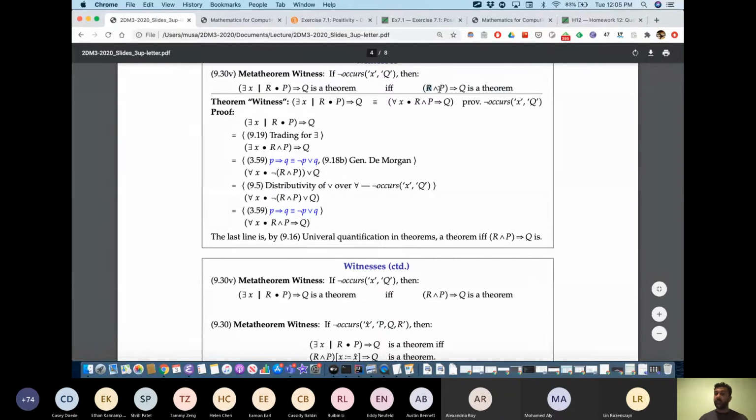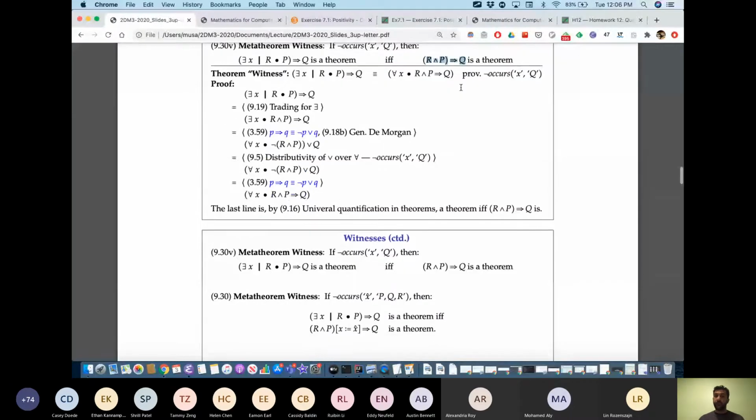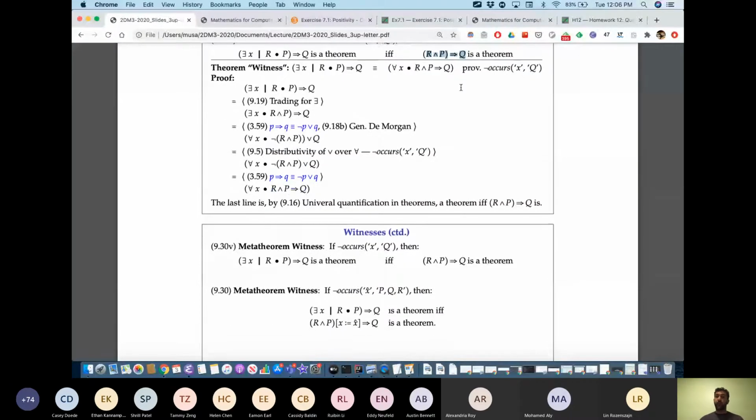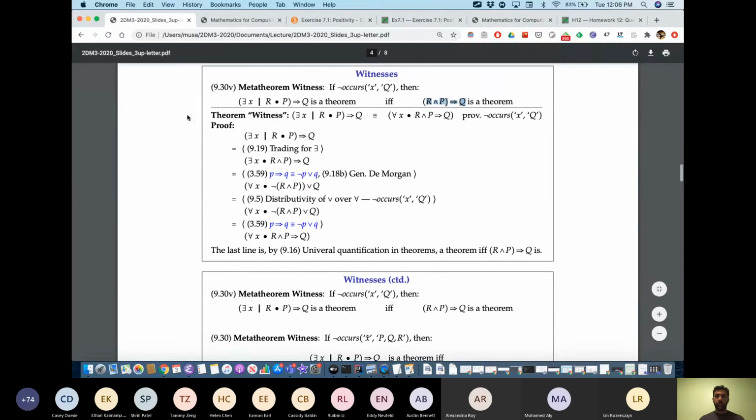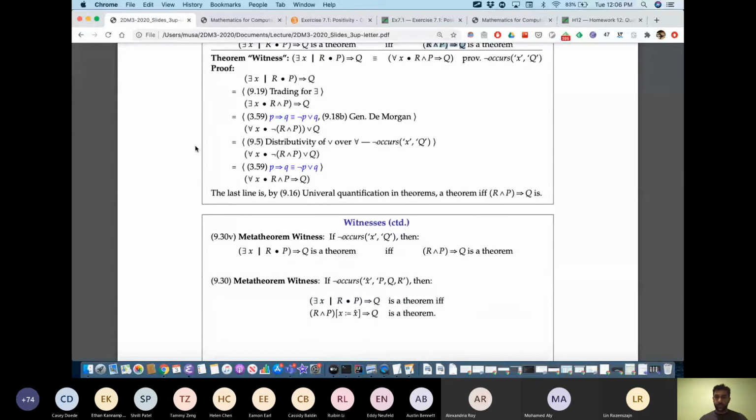So you've already seen these kinds of naked theorems before that didn't have quantifiers on them. This is the justification for them. These meta theorems justify how we were able to work with the substitution inference rule. So I just wanted to bring that again. We'll talk about 9.30 and how to actually use it maybe on Thursday. So we'll come back to it again.